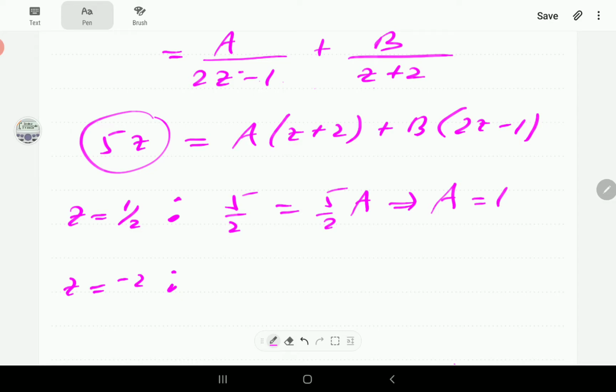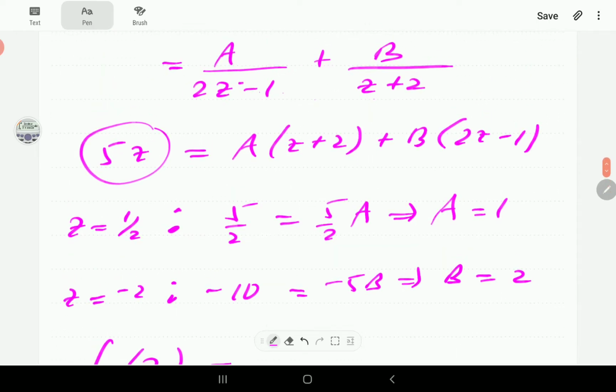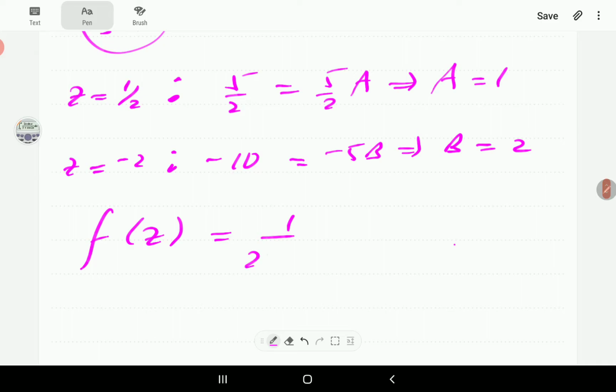When z is -2, this side is going to be -10, this term is going to vanish, and this one is going to be -5. So that tells us that b is going to be equal to 2. So f of z becomes 1 over 2z minus 1 plus 2 over z plus 2.